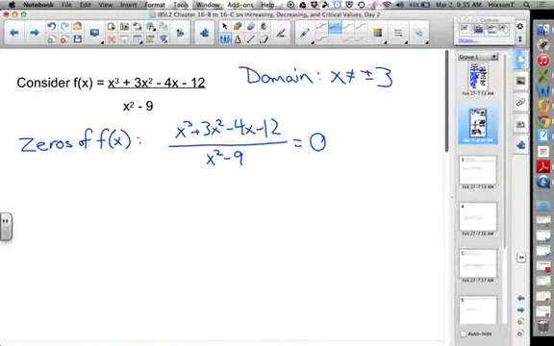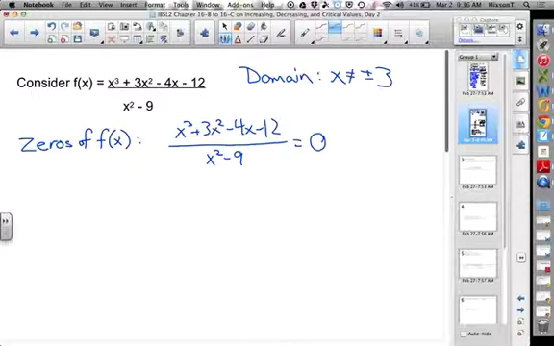here's what we're going to look at. We have our function, we have our domain, we need to find the zeros of this function first of all. And to do this, this will also help us identify whether 3 and negative 3 are asymptotes or holes. Well, what I'm going to do is I'm going to factor my numerator and denominator.